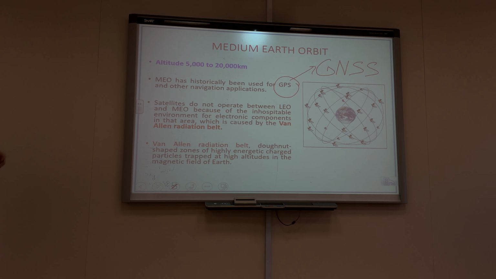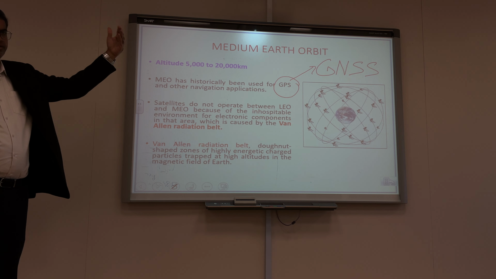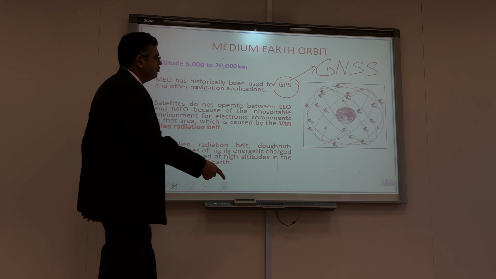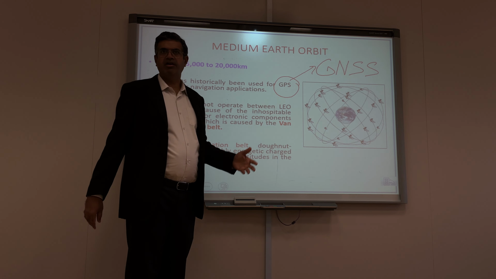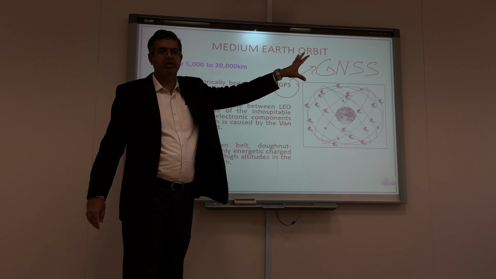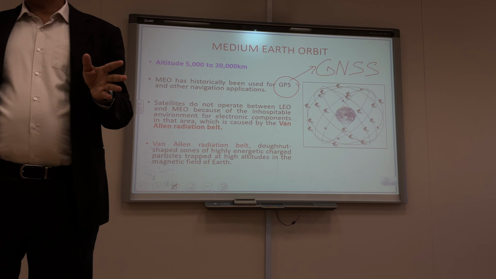Okay. Now GPS is a part of GNSS. GPS is the oldest navigation satellite system, and this is a trademark for the United States. Means the GPS technology belongs to the United States. But now there are other countries which have their own navigation satellites.